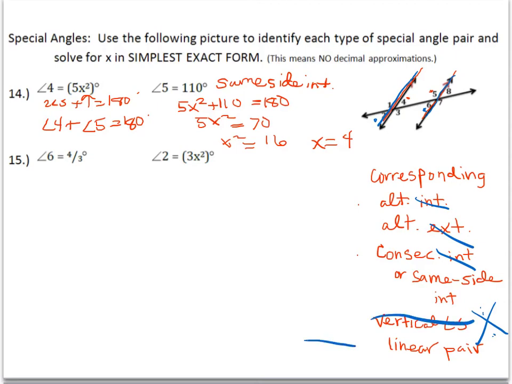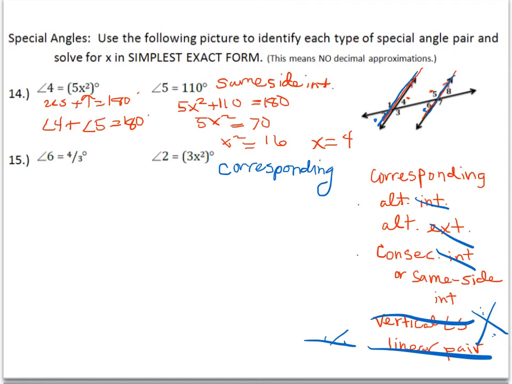Together they're not making a line, which is a linear pair, two angles that make a line, so it's not that, which means they have to be corresponding. Oh yeah, corresponding meant they were in the same corners of two intersections. These are both in the bottom left-hand corners of the intersections.